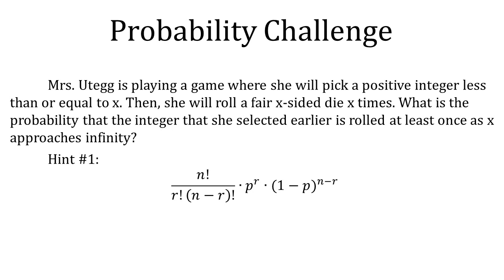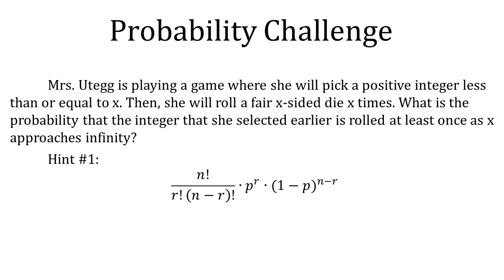You might have learned that it's q to the n minus r. I don't really want you to do that because q is just 1 minus p and it just adds difficulty. Of course, n is the total number of trials, so n is going to be, well, I'm not going to tell you what it is.